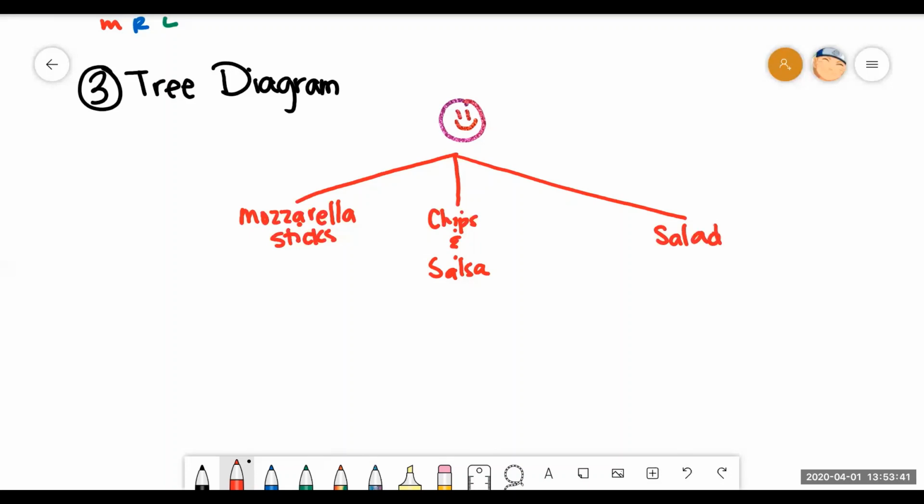Now, once I pick one of these branches of my tree, so say we decided, okay, we'll take the mozzarella sticks. Then our server asks, what would you like as your main course, as your main dish? And so then we move into blue and we say, okay, well, for our main dish, I've got 4 choices. I've got steak. I've got veggie pasta.